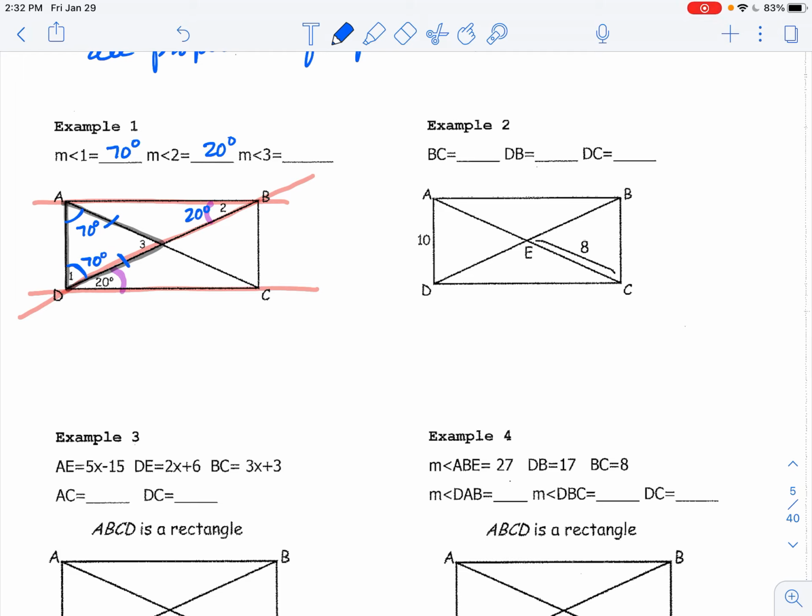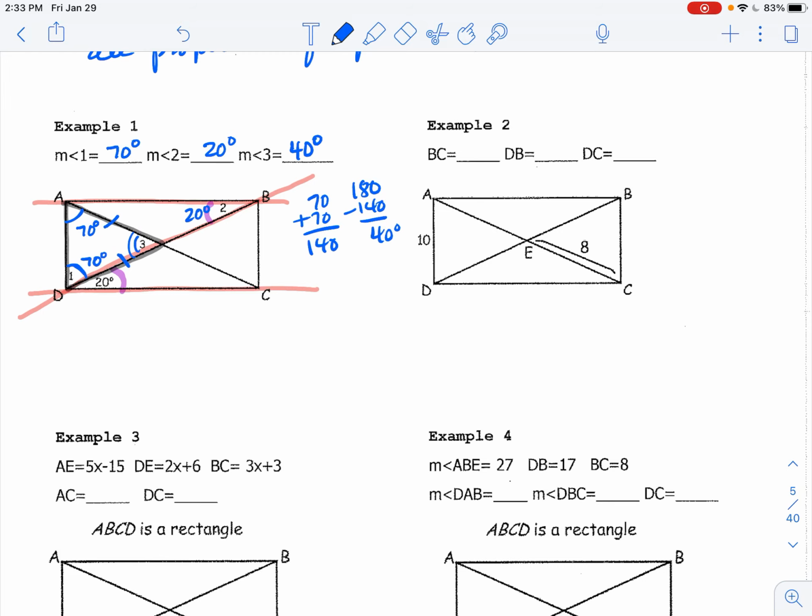So if I'm looking at this triangle that I've outlined in gray, and it has two angles that are 70, well, the sum of those two is 140, and I'm able to solve for angle 3. 70 plus 70 is 140, and the 3 angles in a triangle add to 180, so 180 minus 140, angle 3 is 40 degrees.